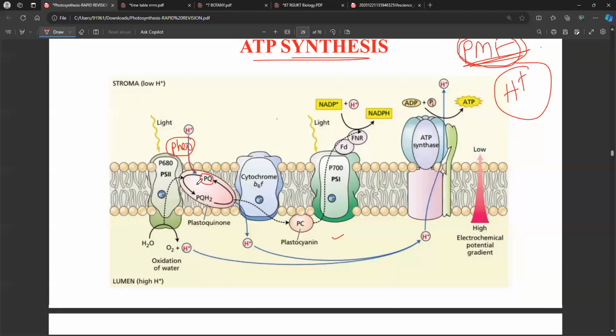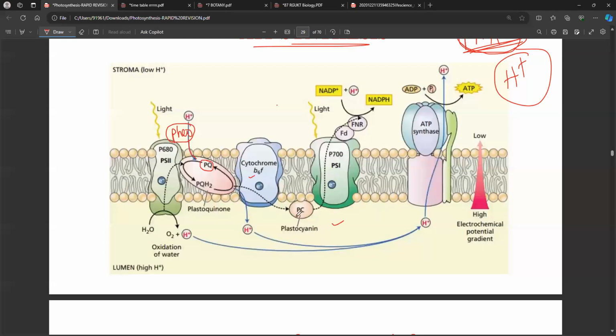Now, plastoquinone to cytochrome b6f, cytochrome b6f to plastocyanin. All the students follow me correctly without any confusion. What will pheophytin do? Pheophytin will donate the electron to the plastoquinone. Then, upon accepting the electron from pheophytin, plastoquinone gets reduced to PQH2.